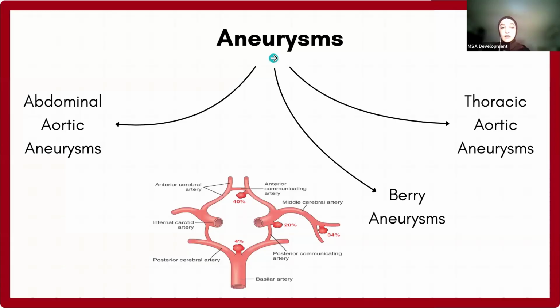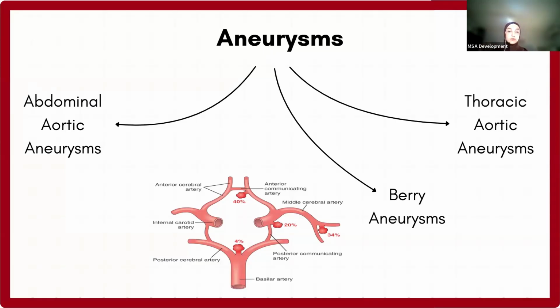Now, in aneurysms, there are three main types: the abdominal aortic aneurysms, thoracic aneurysms, and berry aneurysms. Now, one main syndrome is found in all three of them. Marfan syndrome.